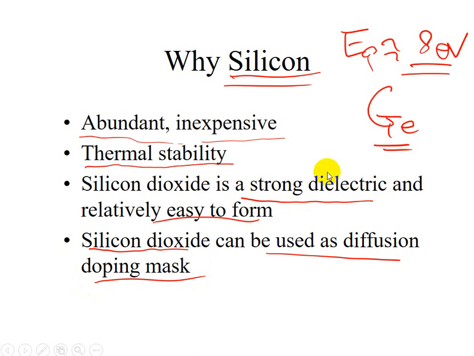You have a lot of functions using silicon dioxide at different locations and on different occasions, and it also comes with different names, such as native oxide, sacrificial oxide, screen oxide. So it has a lot of applications, and we'll discuss that in the future. So this is the reason why we use silicon as the substrate material.